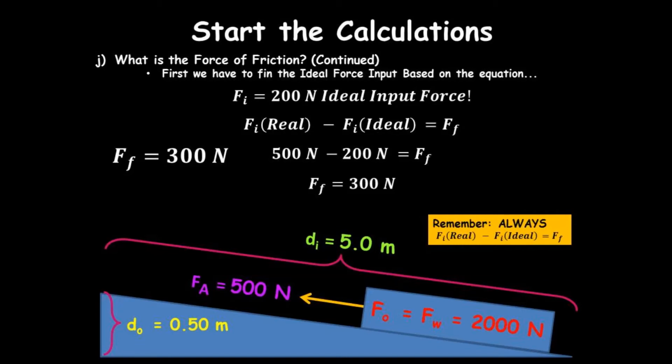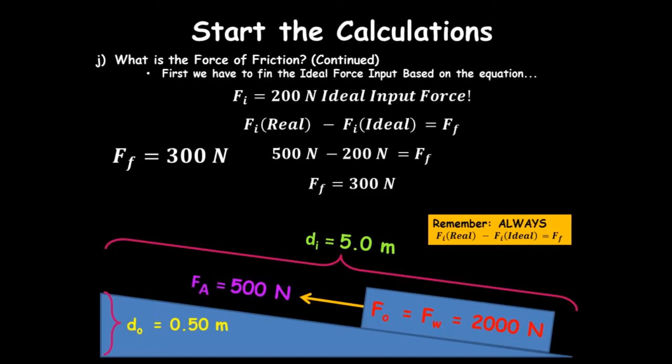Well, the frictional force will be 500 newtons, the applied force, minus 200 newtons, the ideal input force, will be friction of 300 newtons. So when I calculate, what is the heat?